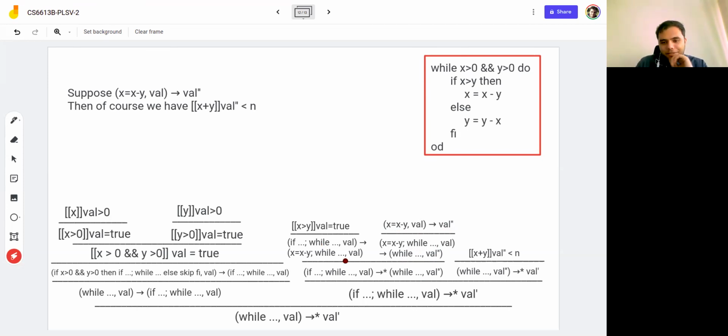And what rule am I applying here? Can you tell me which rule this is?